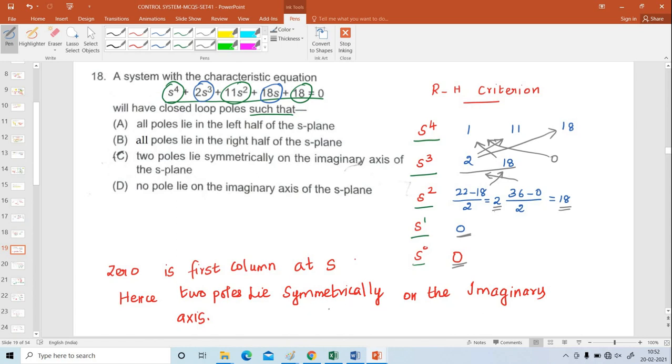Two poles lie symmetrically on the imaginary axis. 0 is in the first column of s power 1. So we can say that the system is unstable and two poles lie symmetrically on the imaginary axis of the S-plane. Option C is the correct answer.